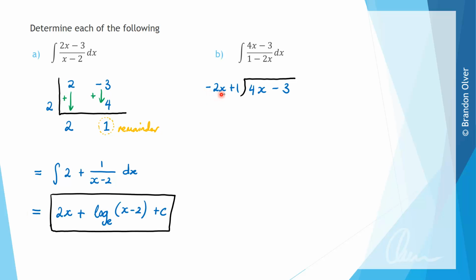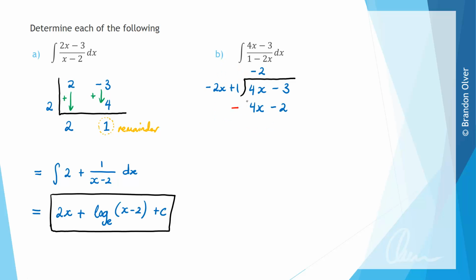Then we need to think about what you would multiply negative 2x by to get to positive 4x. The answer is negative 2. Now we take this negative 2 and multiply it by the negative 2x, and that will give us 4x. And then we also take the negative 2 and multiply it by the positive 1, which will be negative 2.